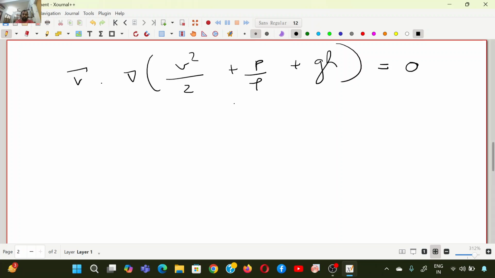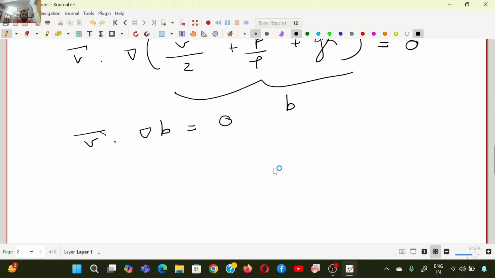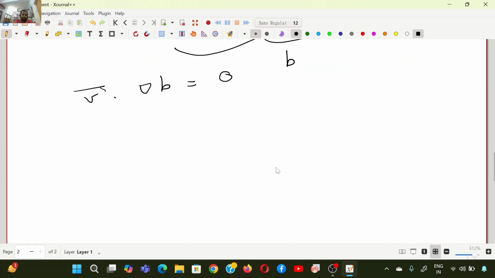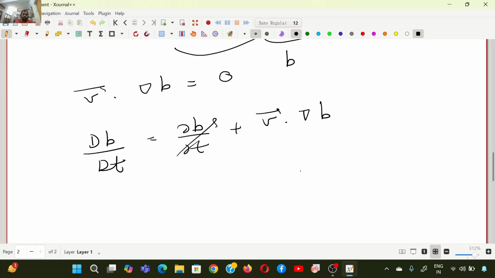Say this quantity is B. Basically this reduces to V dot del B is equal to 0. This is the substantial derivative of B, and since it is steady, the time derivative is already 0.